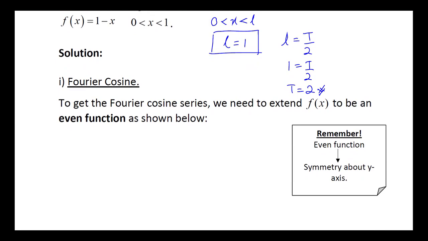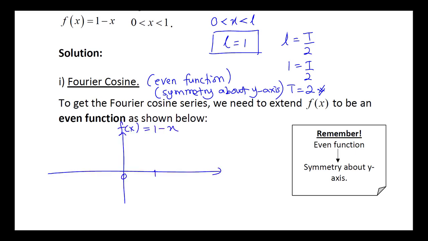If you want to expand this function in Fourier cosine, we know that Fourier cosine is an even function, and this one is symmetry about the y-axis. So what we can do is plot 0 until 1.